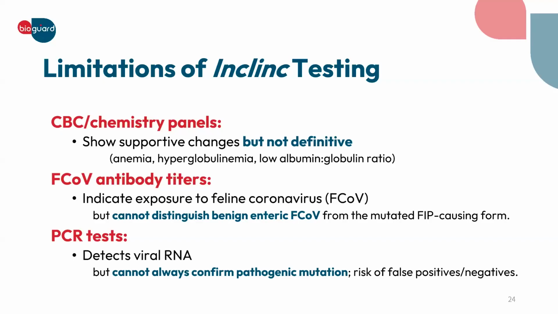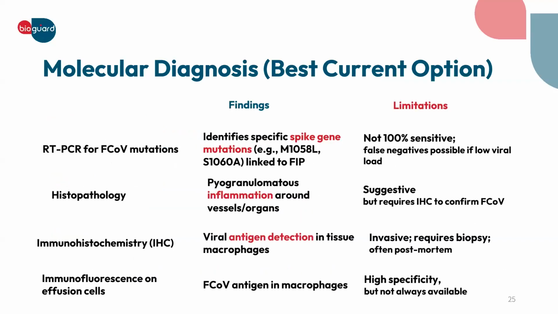So there is still a risk of false positive or false negative cases through PCR methods. But here I'm not talking about advanced PCR methods, because advanced PCR methods can always be more specific for FIP detection.